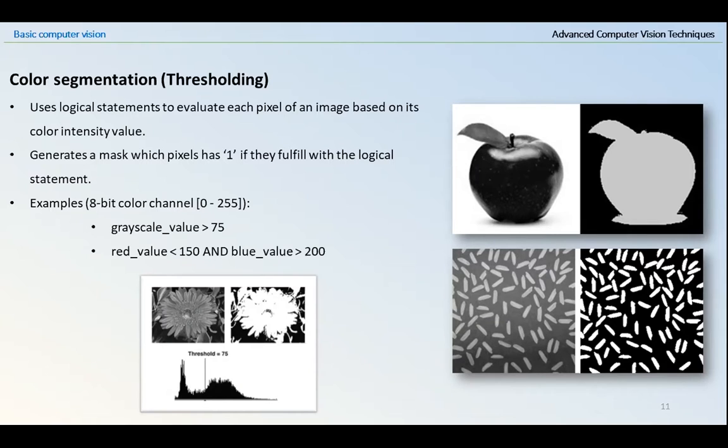For example, I want those pixels that have a grayscale value greater than 75, or another example, red value less than 150 and blue value bigger than 200. This can be somewhat tricky, but it is the easiest way to address this kind of color classification.